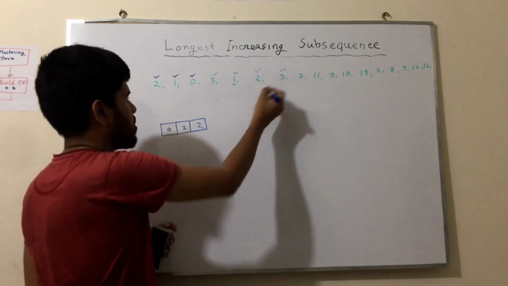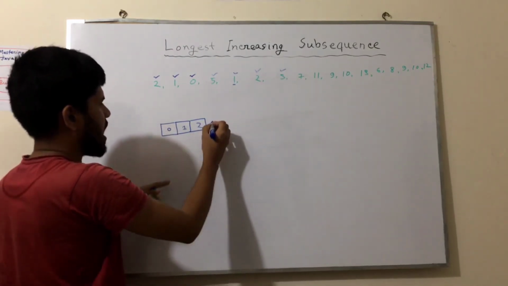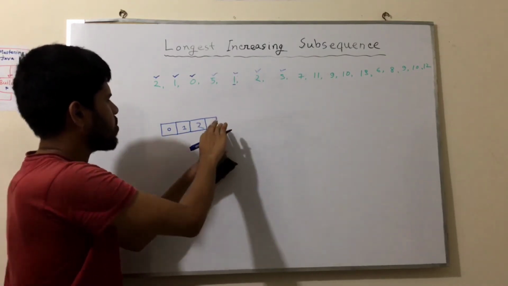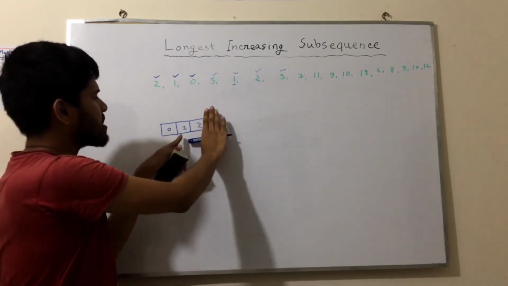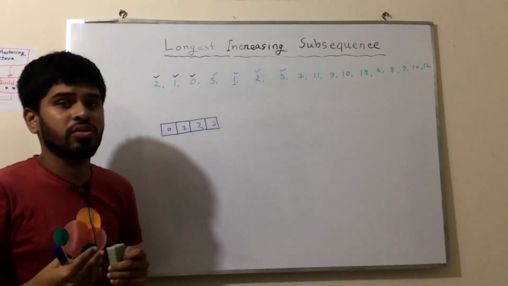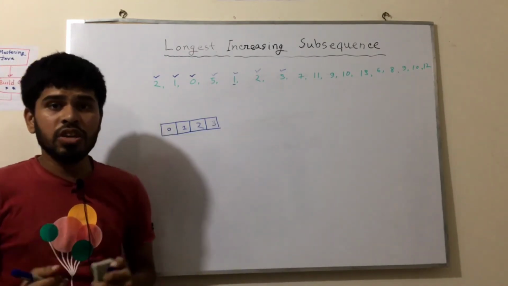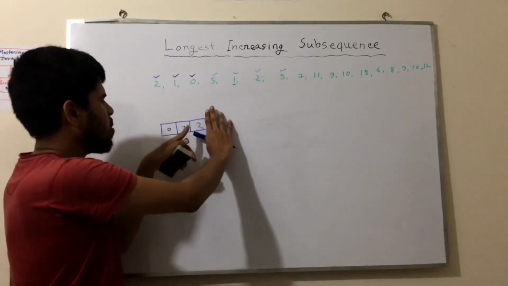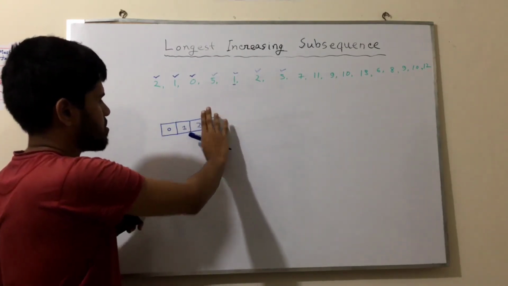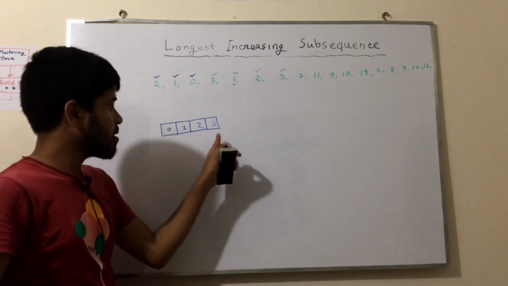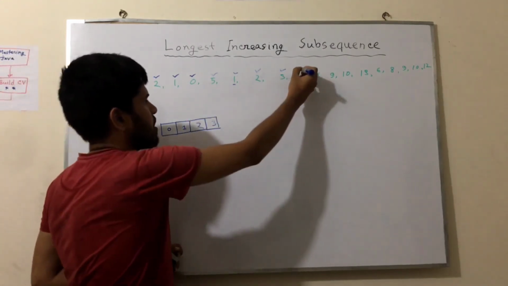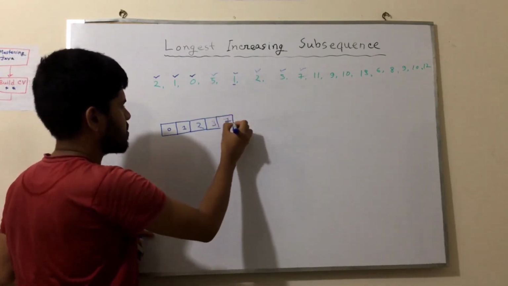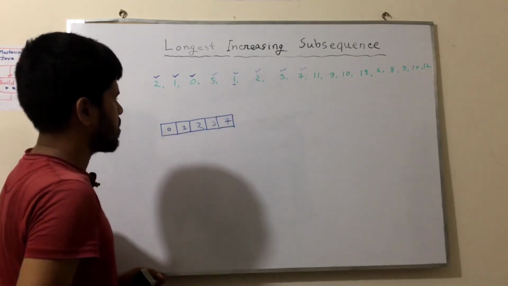Now 3 is greater than 2, so we can add it here. It means that on the left of 3 we have at least 3 elements which are less than 3 and maintaining the relative order. Now let's move to the next. 7 is greater than 3, so let's add 7.